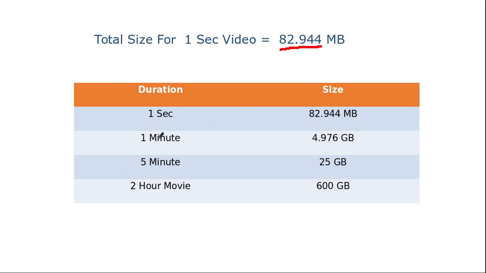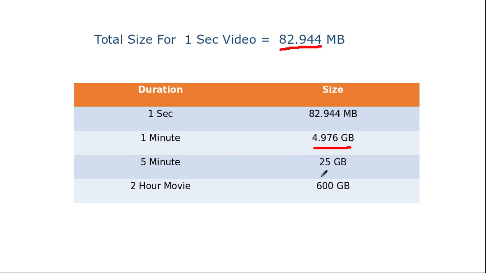Let's linearly extrapolate this information. For 1 second we require 82 MB of physical hard drive space. For 1 minute, almost 60 times, it requires nearly 5 GB of hard disk space. So just for 1 minute of video we require 5 GB of space.